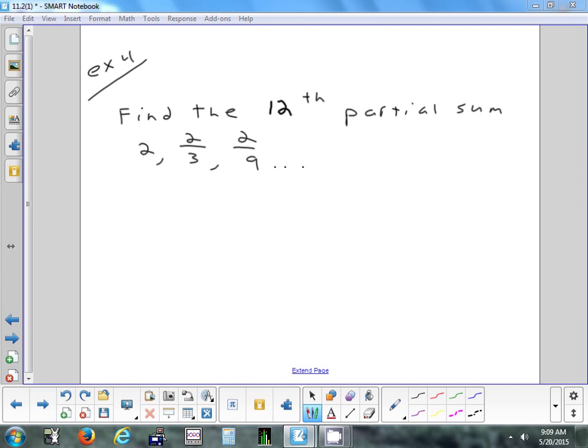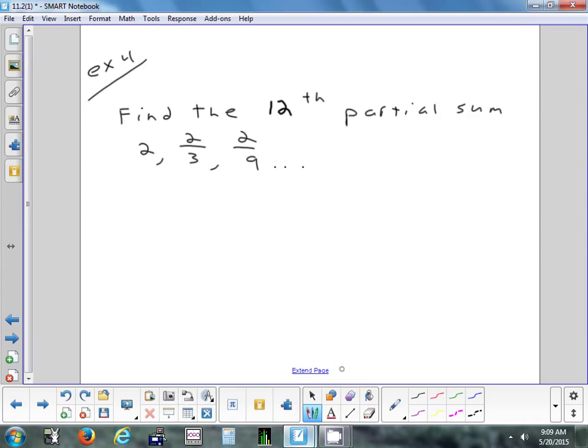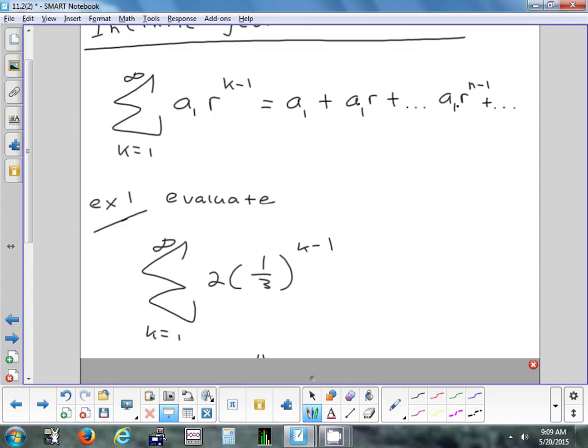Let's see, is this the same one? Okay, so my first term is 2. In the problem we did yesterday, the first term was 2. And what am I multiplying by each time? 1/3. Yeah, I'm multiplying by 1/3. That's exactly what this one is. So this is really the last problem we did yesterday.